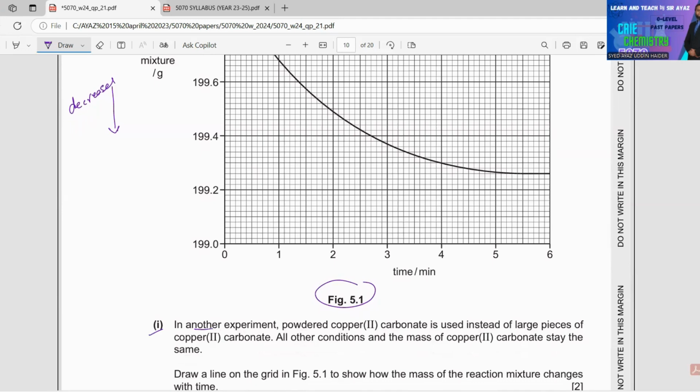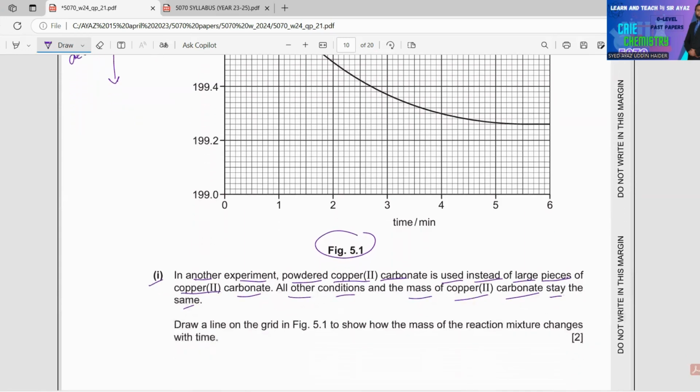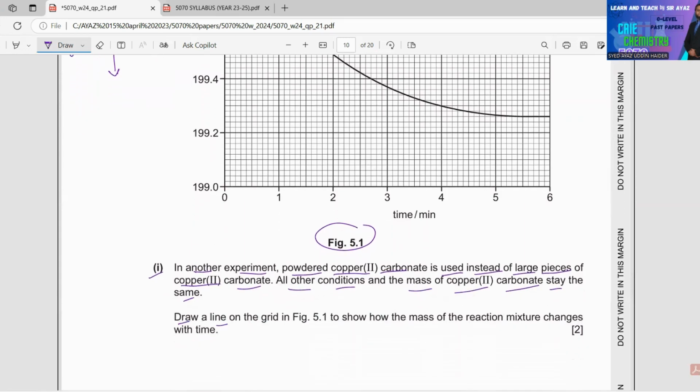Number 1, in another experiment, powdered copper(II) carbonate is used instead of large pieces of copper(II) carbonate. All other conditions and the mass of copper(II) carbonate stay the same. Draw a line on the grid in figure 5.1 to show how the mass of the reaction mixture changes with time.